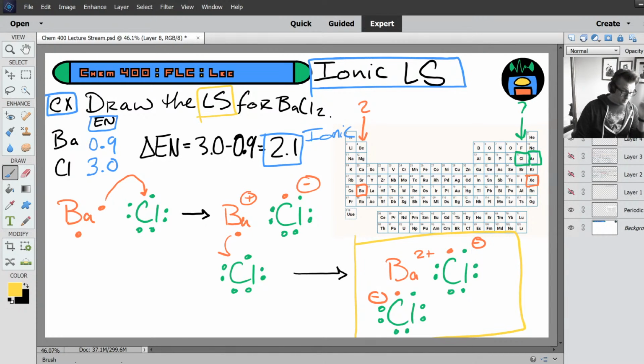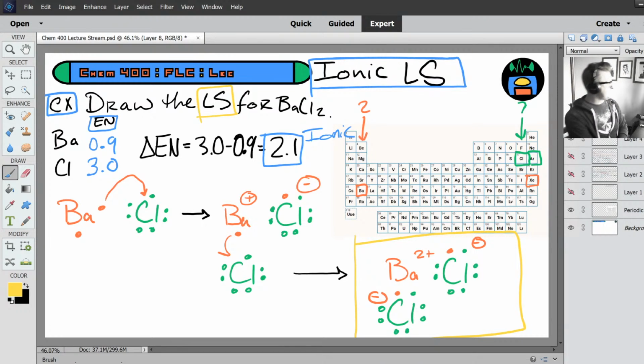And so barium will always need to react with two chlorines in order for everyone to satisfy their octet rule. So we're kind of getting a glimpse for the reason why we do things the way we do, right? We're kind of seeing the deeper cause here.